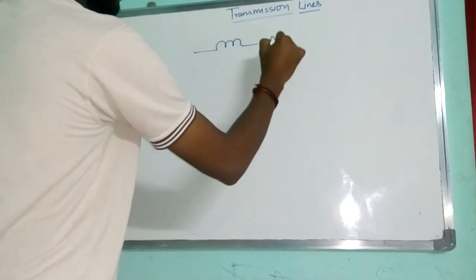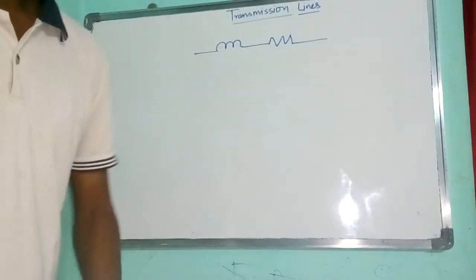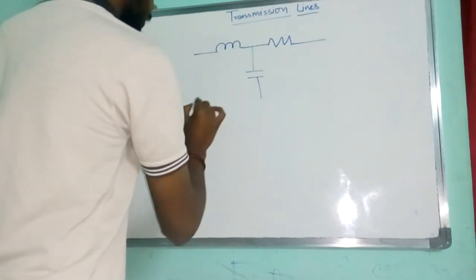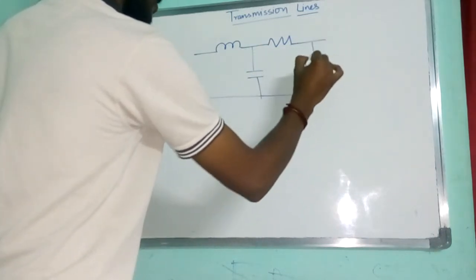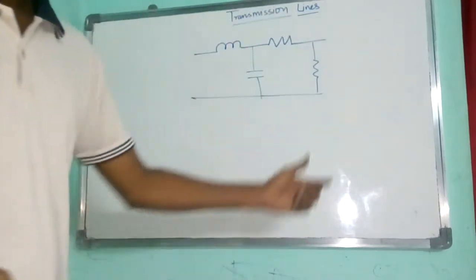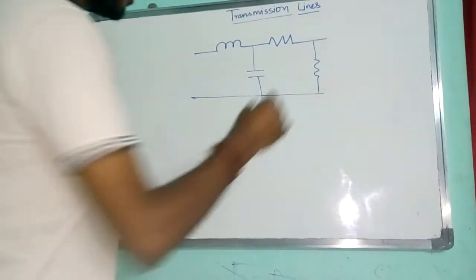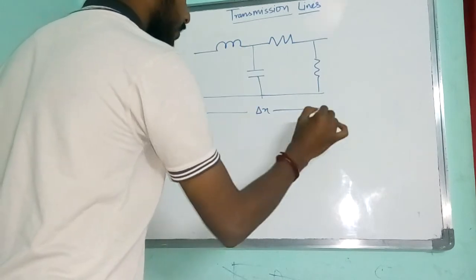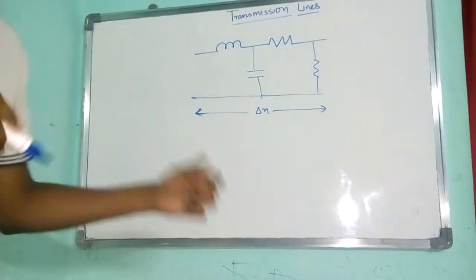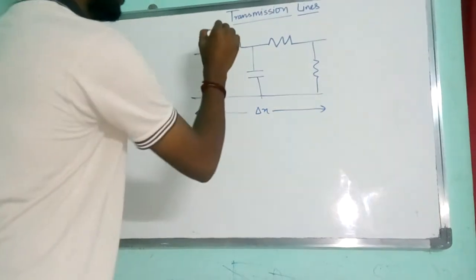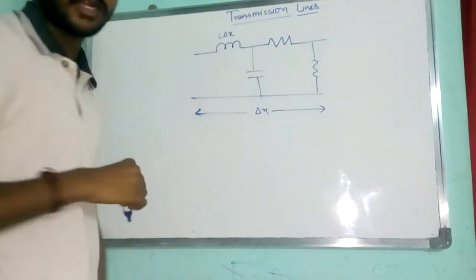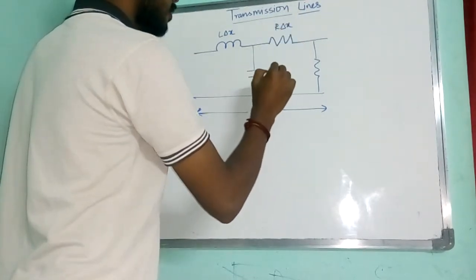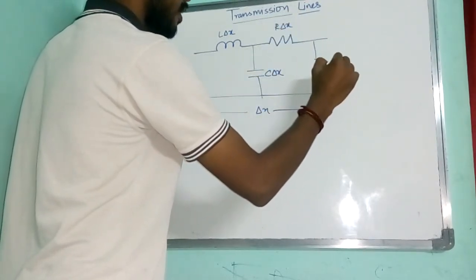It has an inductor, a resistor in series, a capacitor and a conductance element. Okay, so this is of delta x length. I'm considering this to be some delta x length, so this should be L delta x, right? And this should be R delta x, C delta x and G delta x.